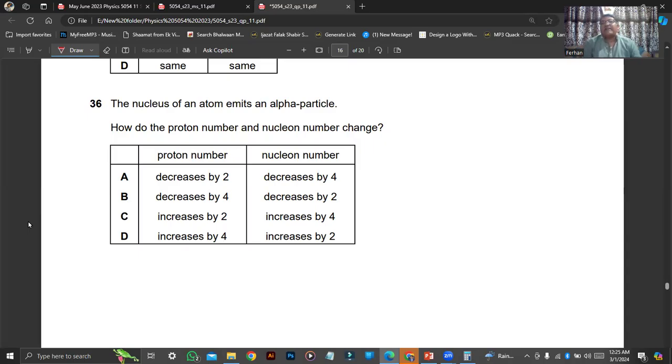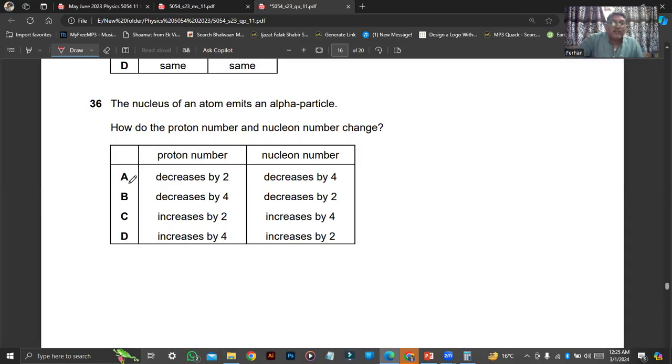Its proton number is 2 less and its nucleon number is 4 less.